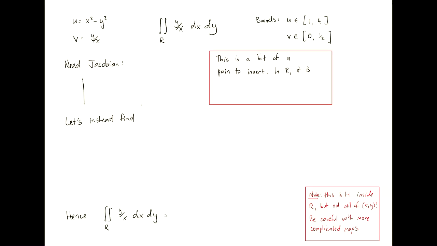So our Jacobian, partial (x,y) over partial (u,v), is equal to the determinant of x_u, x_v, y_u, y_v. The problem is I have u in terms of x and y and v in terms of x and y. What I don't have is x in terms of u and v and y in terms of u and v, and that is a little bit more of a pain to get.